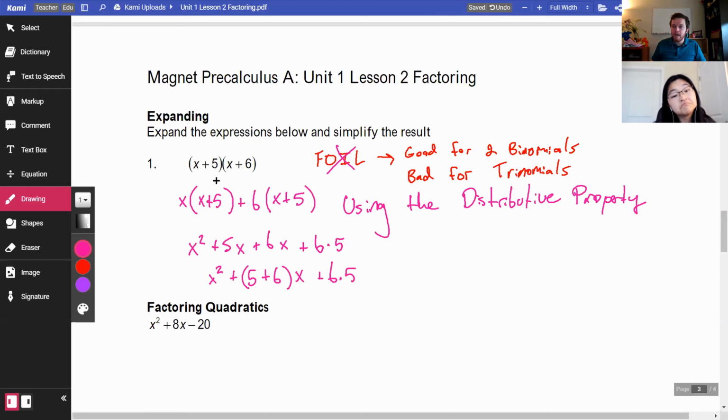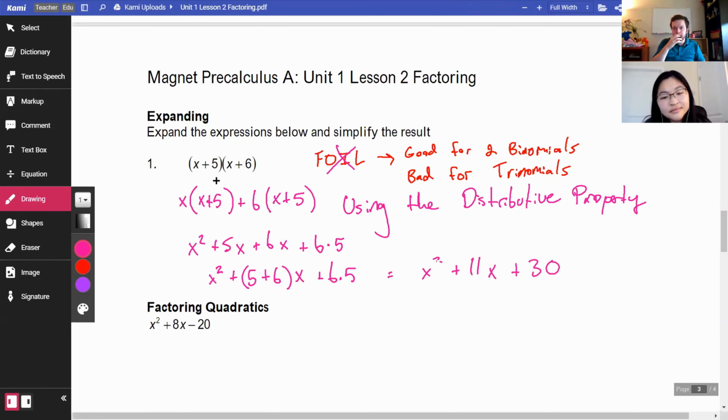And now we have an expanded version of x plus 5 times x plus 6. And this is what's going to allow us to generalize how to factor quadratics. Mrs. Contreras, what do you notice here? We have a sum and we have a product. And I'm going to go ahead and write down the final answer, 11x plus 6 times 5, which is 30.